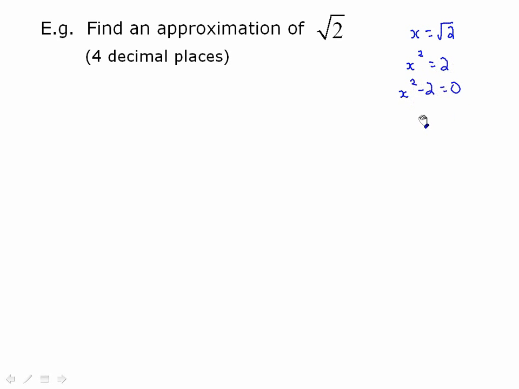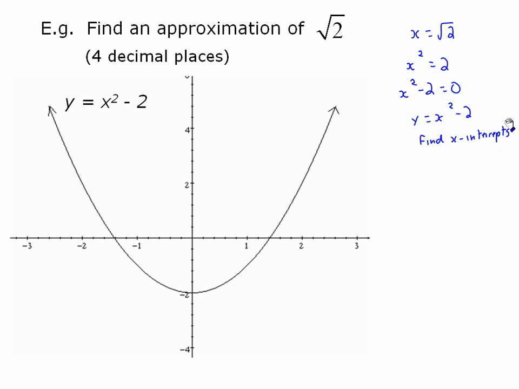So in a graphical sense, this would be y is equal to x squared minus 2, and you would be looking to find the x-intercepts of y is equal to x squared minus 2. So there would be the equation, there would be the graph. We're looking for this value right there. Now, the negative one would be the same.